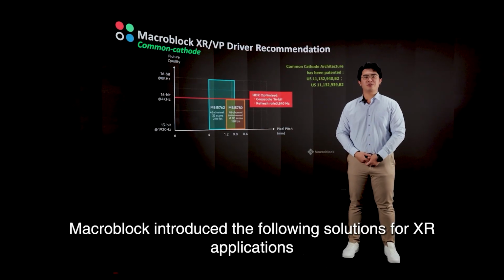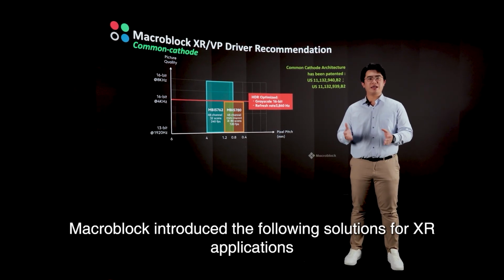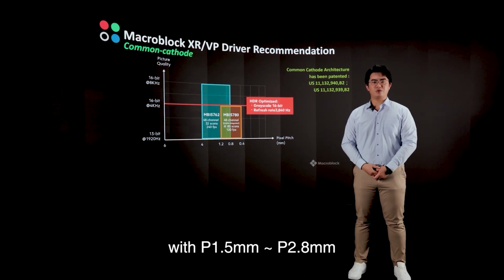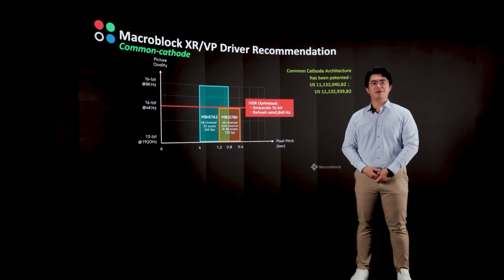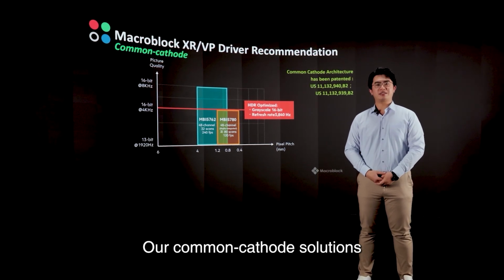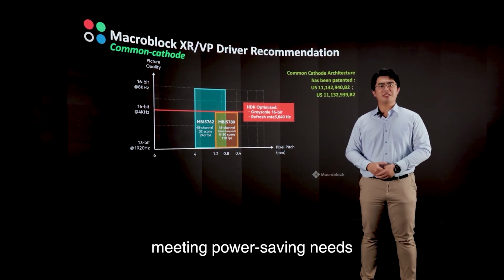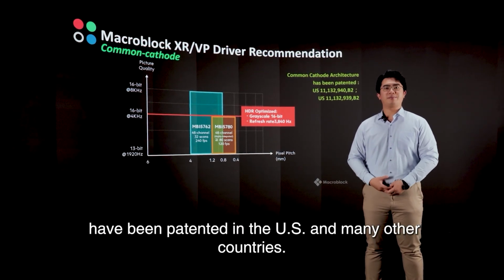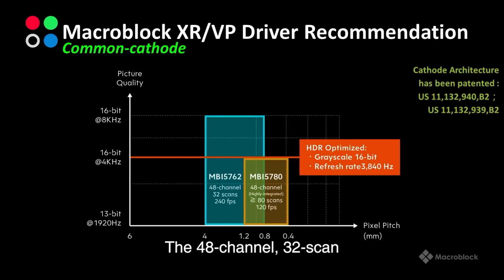Macroblock introduced the following solutions for XR applications with pitch 1.5 to pitch 2.8 mm. Our common cathode solutions meeting power-saving needs have been patented in the US and many other countries. The 48 channel, 32 scan MBI5762 is our XR mainstay.